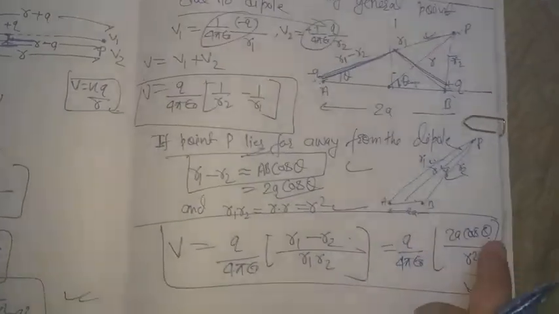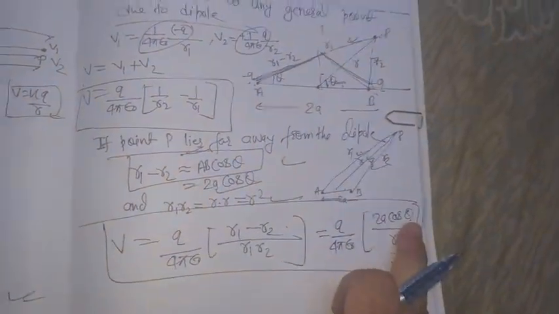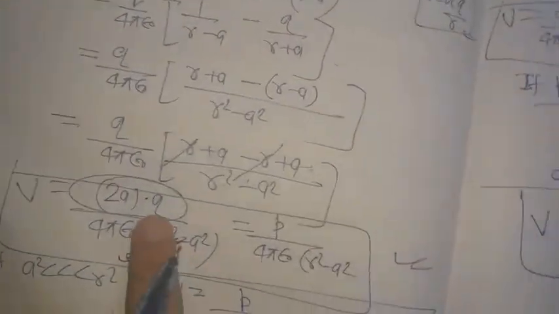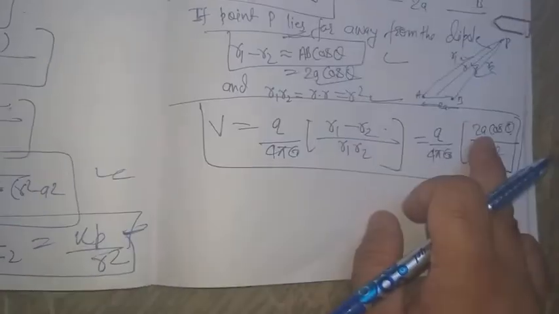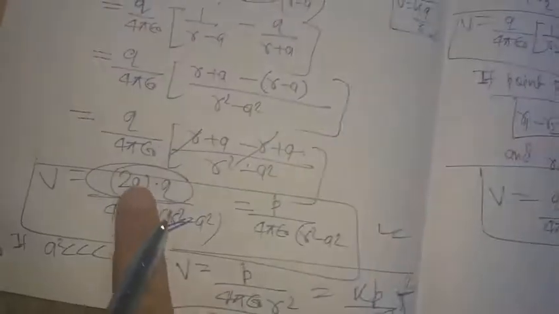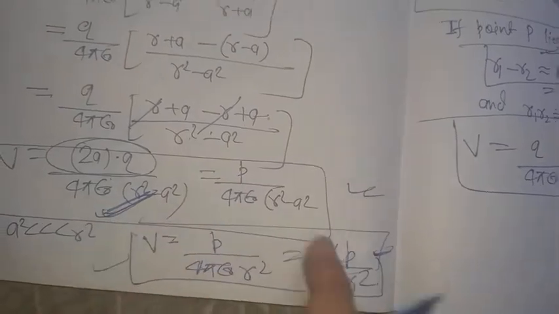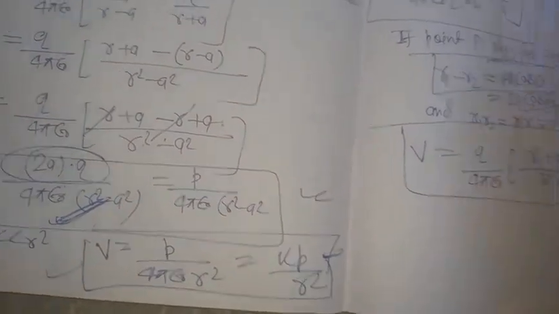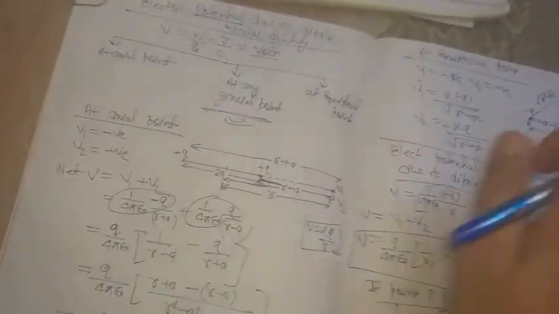So when in this formula the angle theta is 90, it becomes the equatorial point and cos 90 is 0. And for the axial point theta becomes 0 degree, so cos 0 is 1. So this formula Q into 2a becomes p, the dipole moment. So from this single formula you can find both cases, the axial point and the equatorial point.